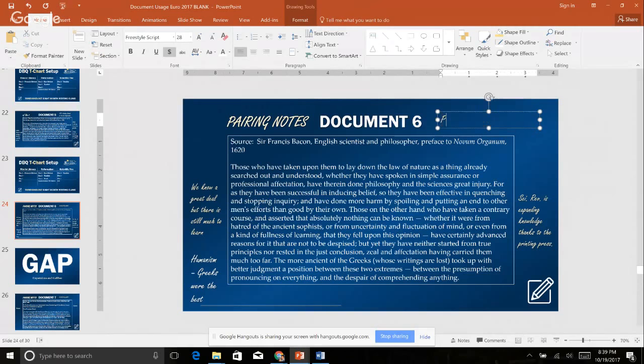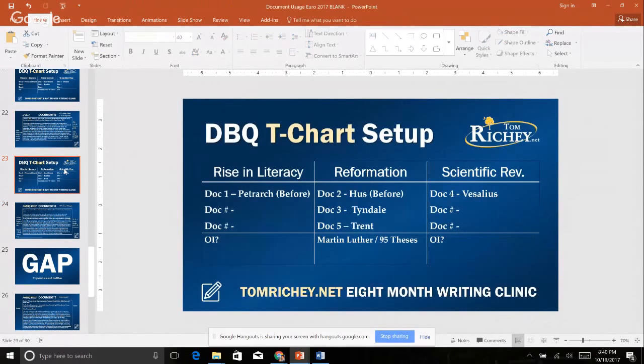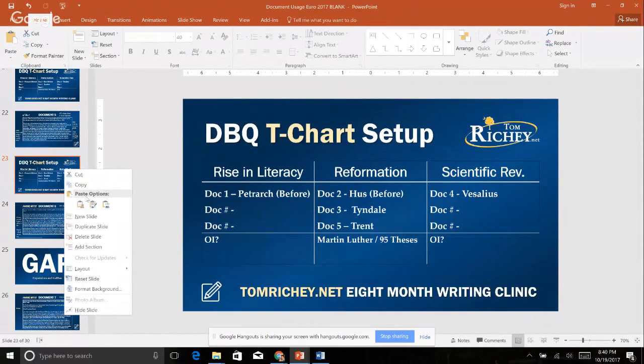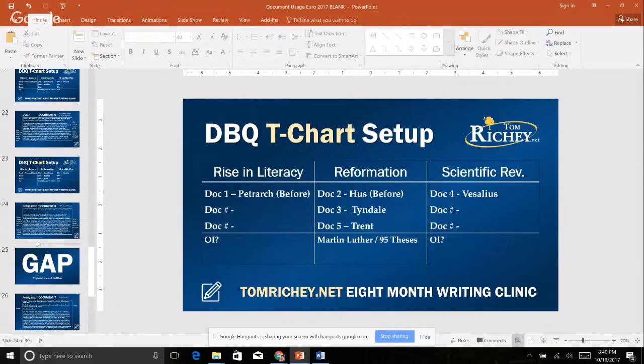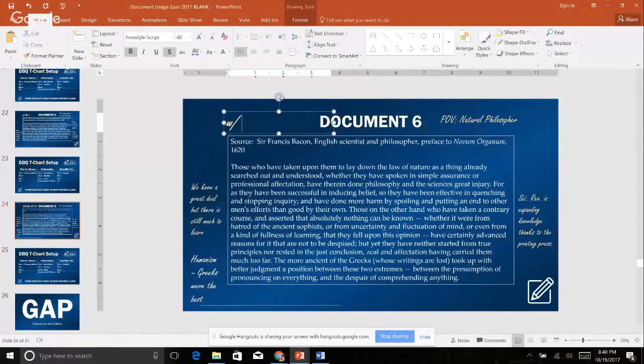Okay, so the POV here is from a natural philosopher, a scientist. Okay, and of course, when we think about the pairing notes, we've got document 4, which was the Vesalius document, which is going to be what we're going to put here. All right, so with doc 4 is what we've got here.